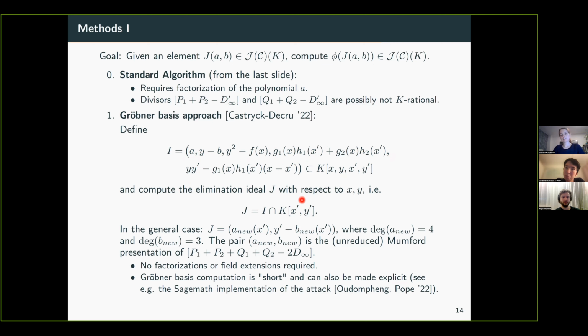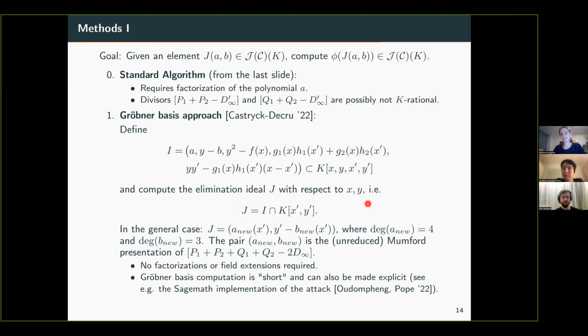And now one does a Gröbner basis computation, and there it's necessary to choose a good term order so that one actually computes a so-called elimination ideal. That's the ideal that only contains those elements that have as variables only x prime and y prime. So we can eliminate everything in x and y.